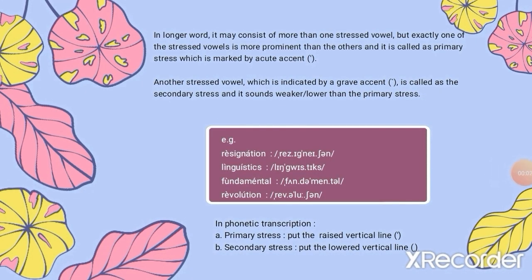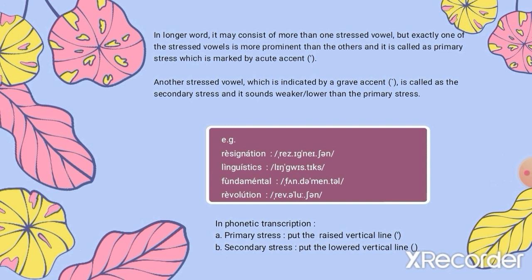Alright, after finding the stress pattern in two-syllable words, now we discuss how the stress pattern is placed in a longer word. A longer word may consist of more than one stressed vowel, but usually one stressed vowel is more prominent, louder or higher than the others, and we call it primary stress, marked by an acute accent.